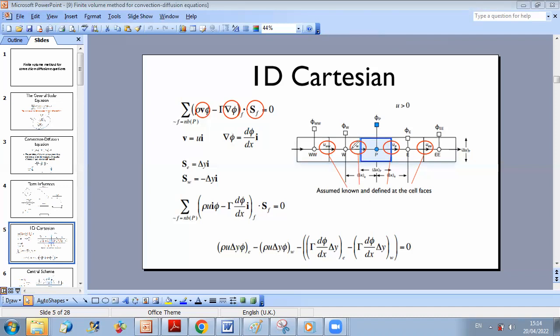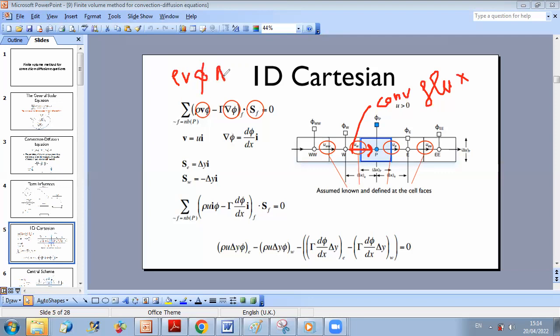We said that the expression of the conductive flux is the following one. So first, this is a convective flux at the west face. And we know that the convective flux is expressed as rho v times the variable times the area.